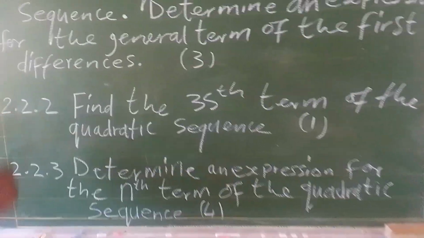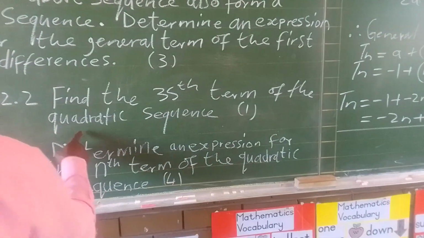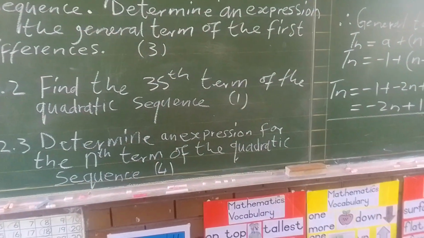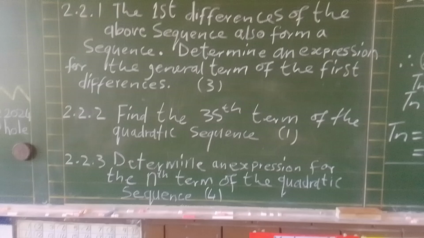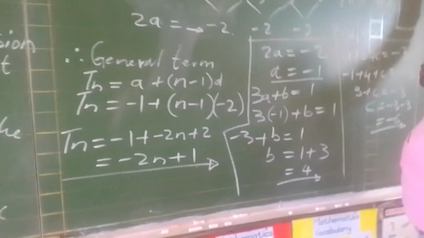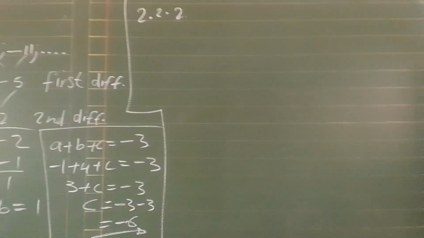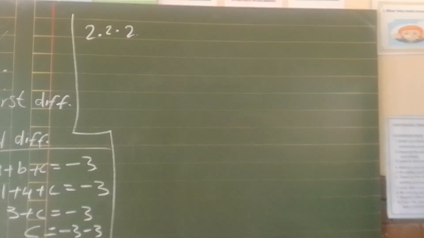Now the next question is 2.2.2. Find the 35th term of the quadratic sequence.